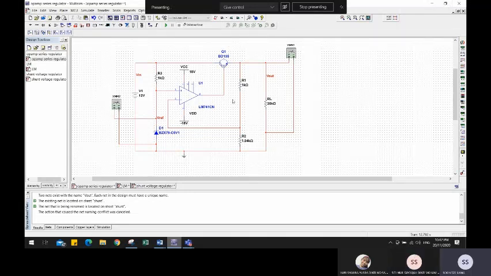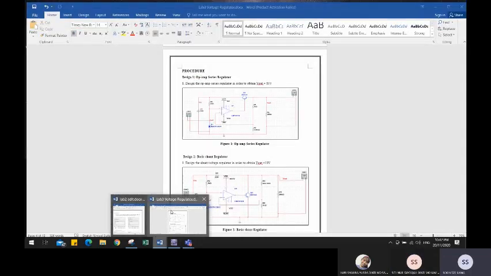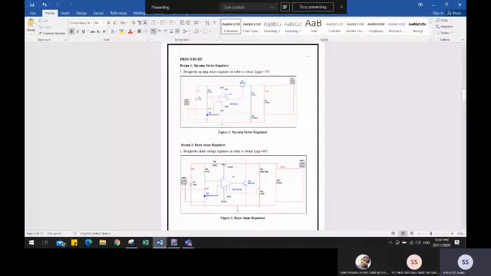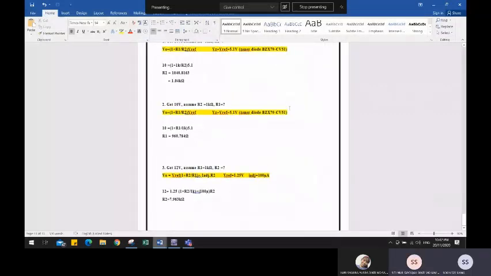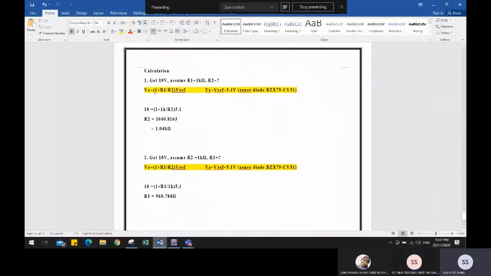Our objective is to obtain a 10 volt output. So we are using the calculation first here. To get the 10 volt output, we assume that R1 is equal to 1 kilo ohm, and we want to get the value of R2.